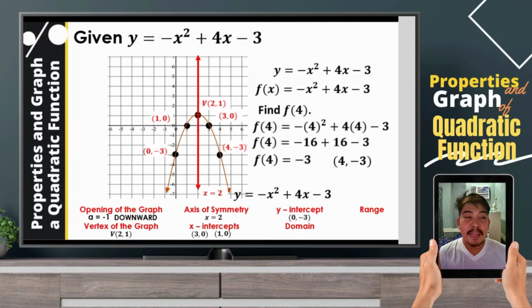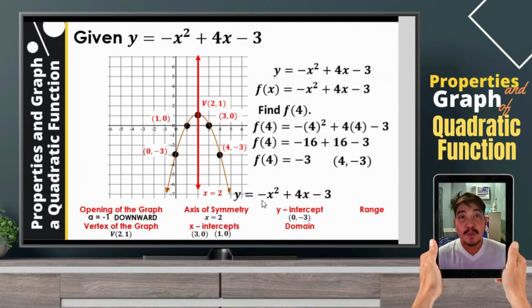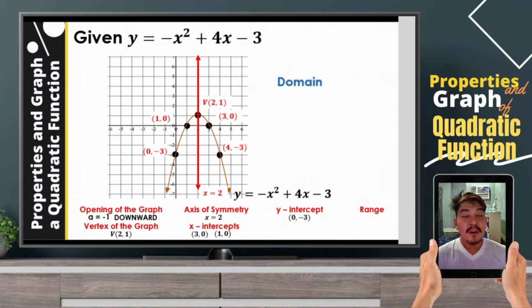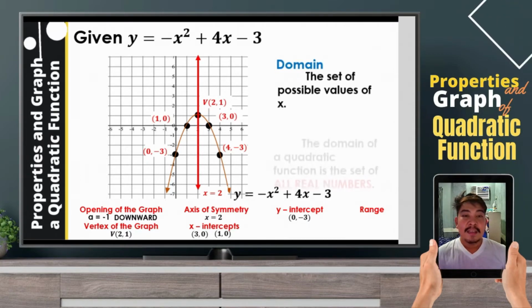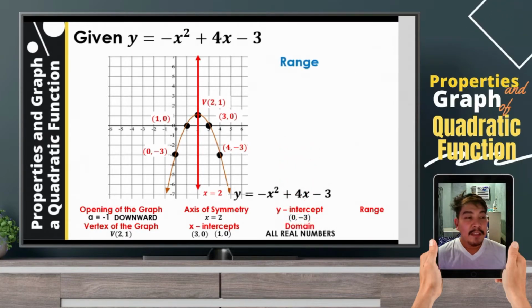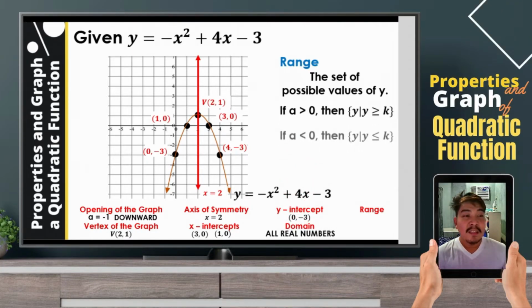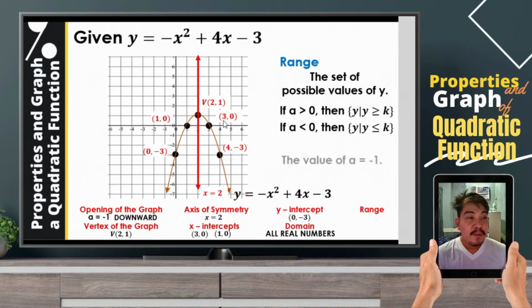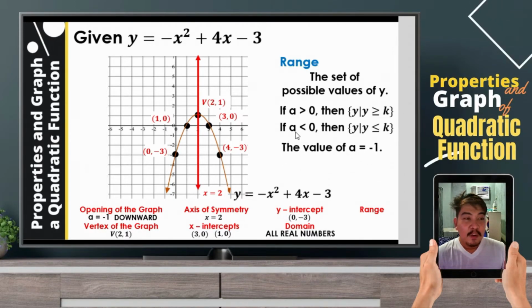And the name of this parabola will be y is equal to negative x squared plus 4x minus 3. So for the domain of this function, it is all real numbers. And for the range, we will be considering the two conditions. Since the value of a here is negative 1 or less than 0, we will be using the second notation, y such that y is less than or equal to k.